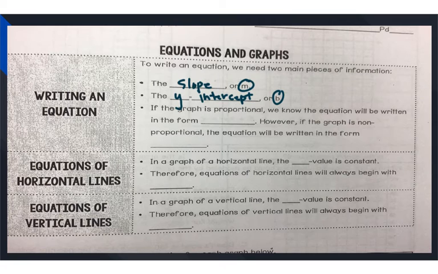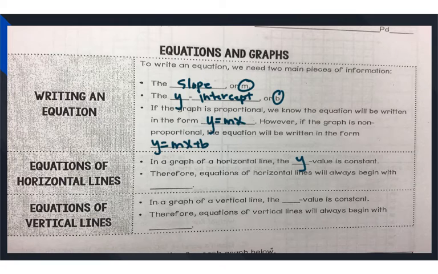If the graph is proportional, we know the equation will be written in the form y equals mx. However, if the graph is non-proportional, the equation will be written in the form y equals mx plus b. And if you remember, in a graph of a horizontal line, the y value is constant.